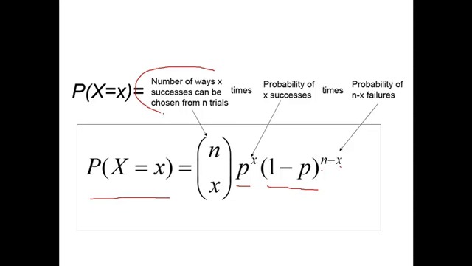This first part is the number of ways that x successes can be chosen from n trials. We multiply this by the probability of x successes, so P to the x is the probability of having x successes, and we multiply this by the probability of having n minus x failures. The probability of failure is 1 minus P, and if we have n minus x of them, this is that probability.